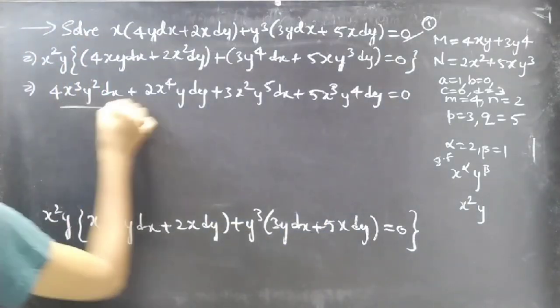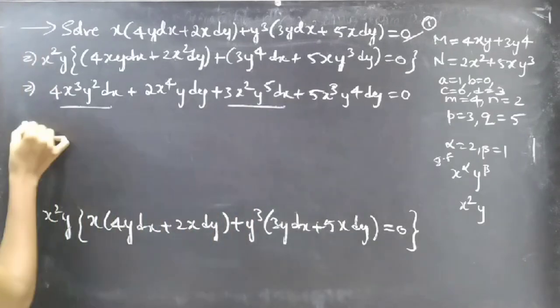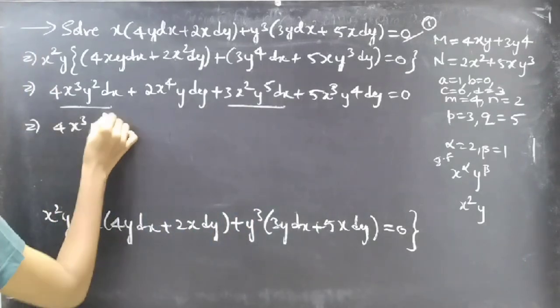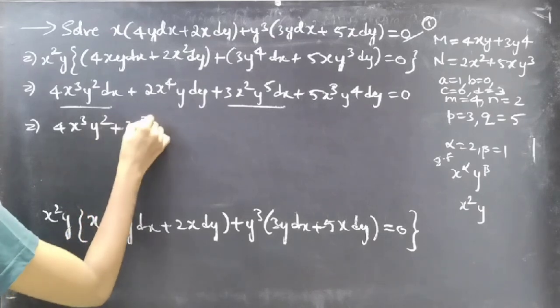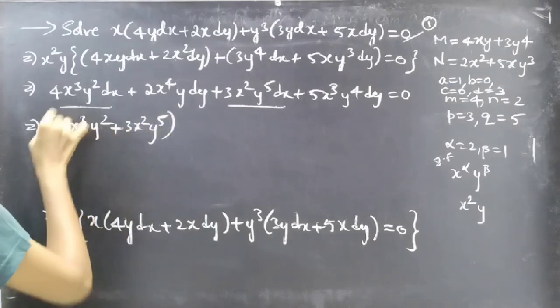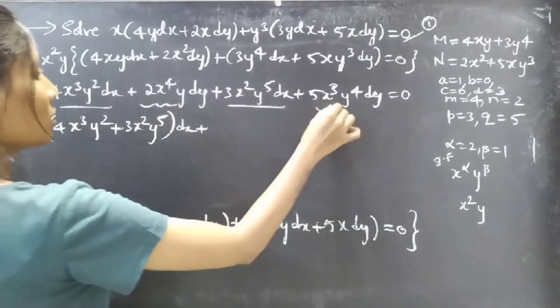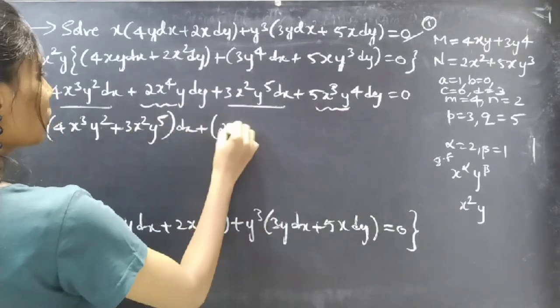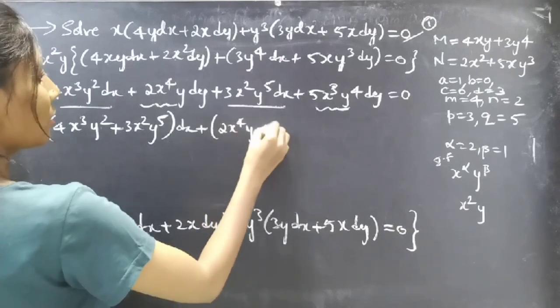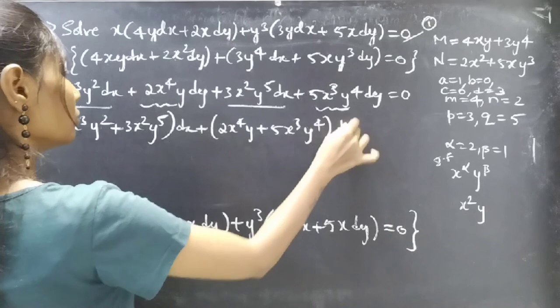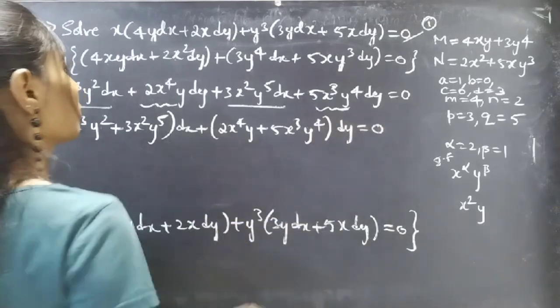Now take dx common from these two terms. We'll get (4x cube y square plus 3x square y power 5) into dx plus, now take dy common from these two terms, we'll get (2x power 4 y plus 5x cube y power 4) into dy equal to 0.